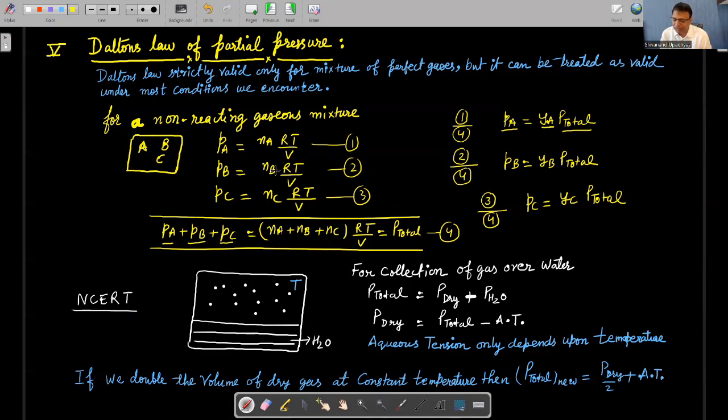It is independent of the number of moles of gas B and independent of the number of moles of gas C.